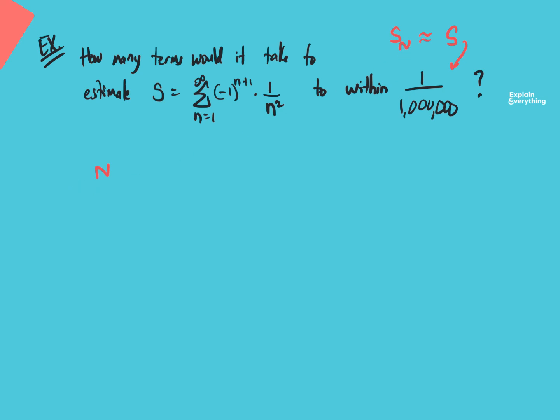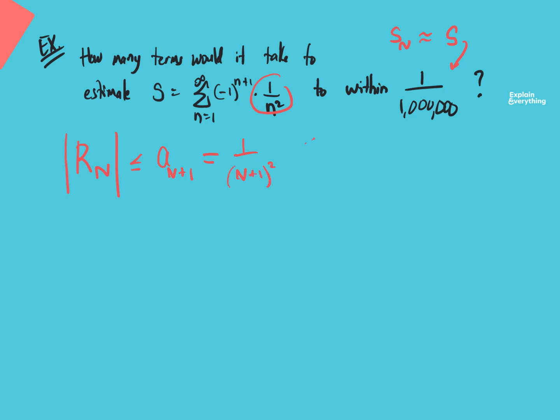Well, the alternating series remainder theorem says that this error is bounded by the first neglected term. Well, this error corresponds to the nth partial sum, which means the first neglected term is the n plus 1th term. Well, the n plus 1th term is equal to 1 over n plus 1 squared.